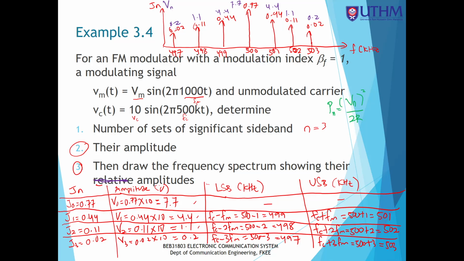If it is a power spectrum, you need to draw Pn versus F. That means over here is P0, P1, P1, then P2, P2, P3, P3. So this is the power spectrum. It depends on what the question wants, relative amplitude spectrum or power spectrum.